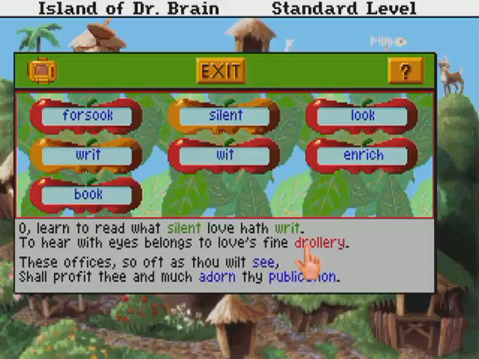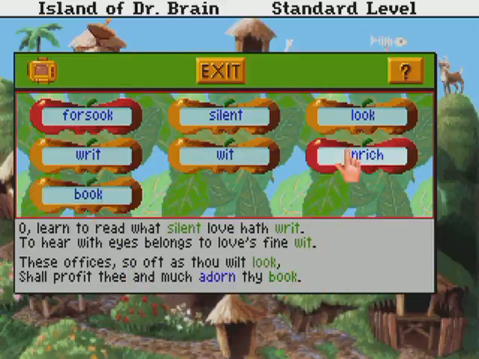Boerderij, snaaksheid. Those aren't real words. Not even in Dutch they're real words. Snaaksheid. Who came up with that word? But I think that means wit. Let's see, look.